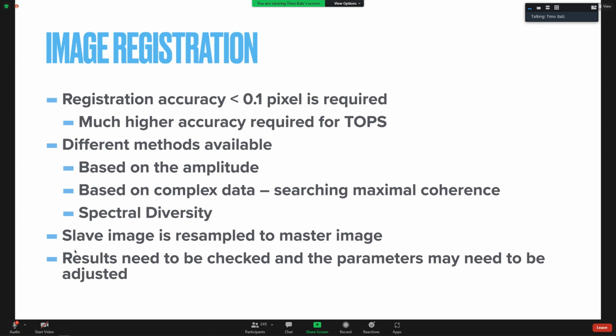That's especially true later, when we will talk about persistent scatterer interferometry, where we use not one image or two images, but many, many images, right? So you're going to automatically co-register 20, 30, maybe 100 images.